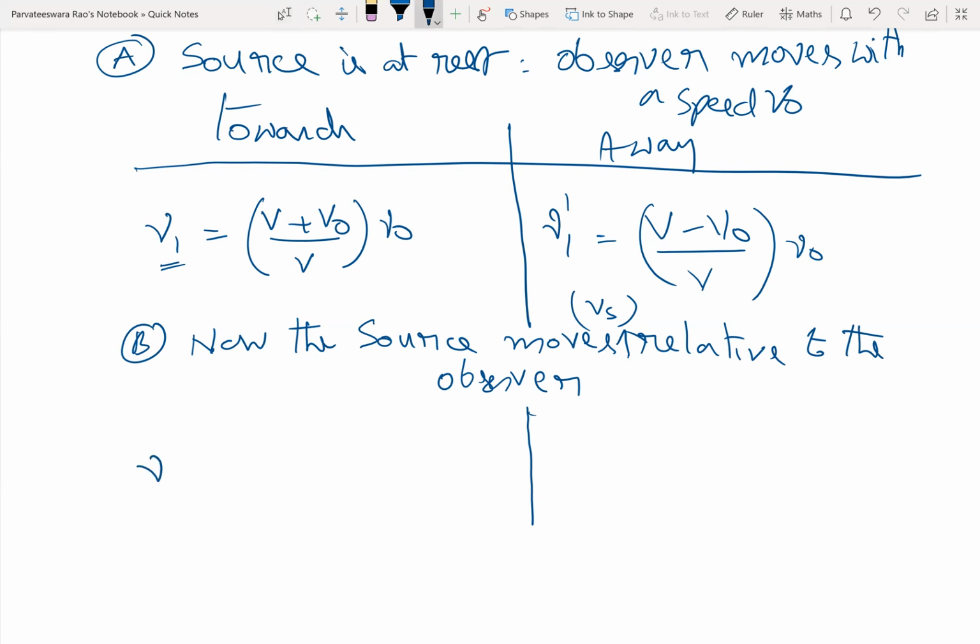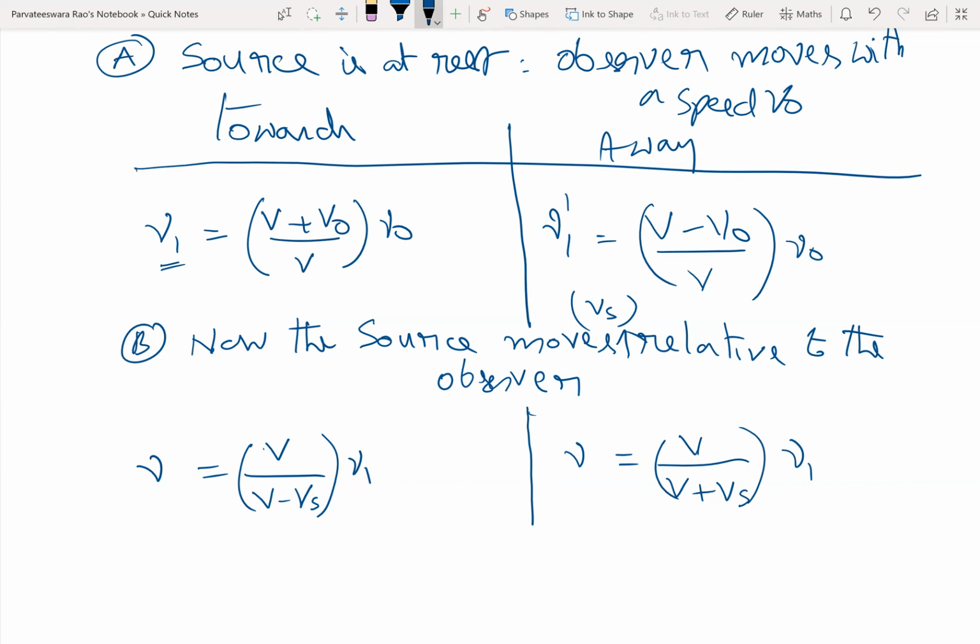Therefore, nu becomes V by V minus Vs into, in place of nu naught, nu1 here. Similarly, here it becomes V by V plus Vs into nu1 dash, for moving away.